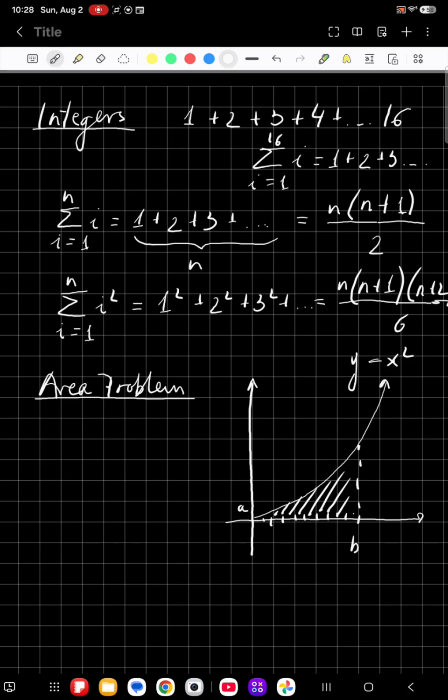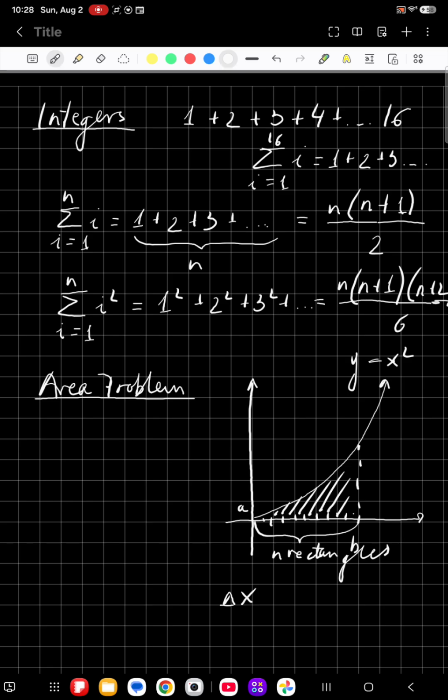So we can have n rectangles. If I have n rectangles, then the distance between those tick marks will be the delta x.